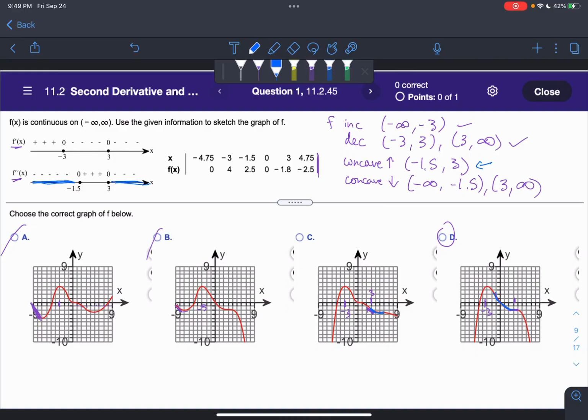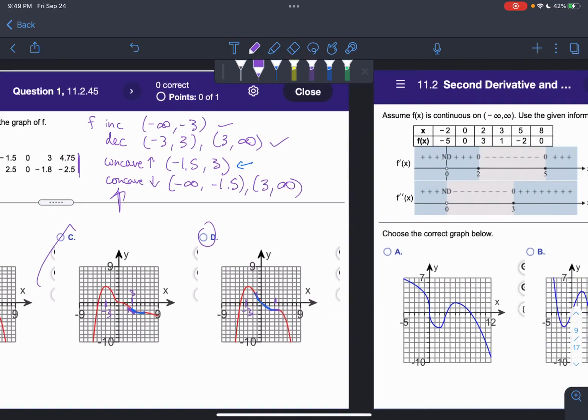And so I think we should go for D for this question. Let's throw out C. It's kind of hard to tell, but zoom in and make sure that you match it up with what you know and what's given. I suppose you could also match up these points and see if they line up.